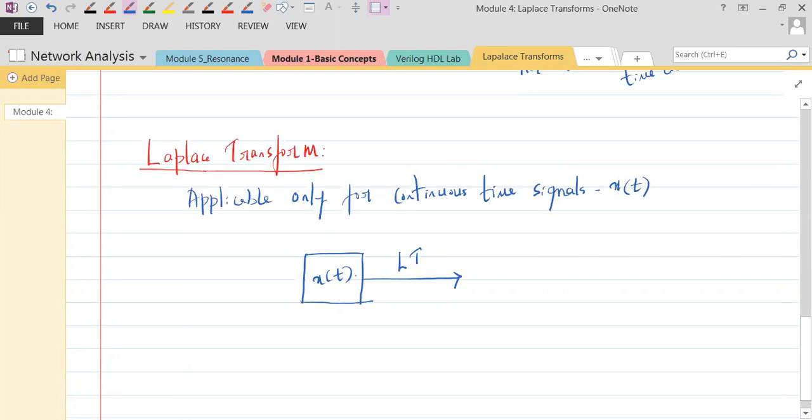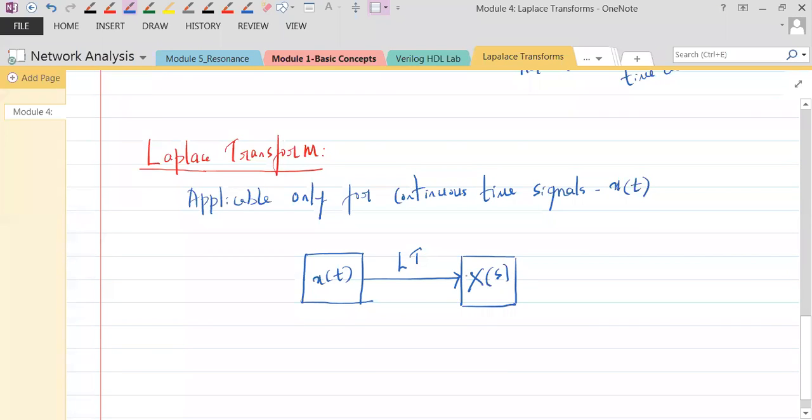If you apply Laplace transform on x of t, what would you get? You would get x of s. Since it is x of t, here it is capital X of s.